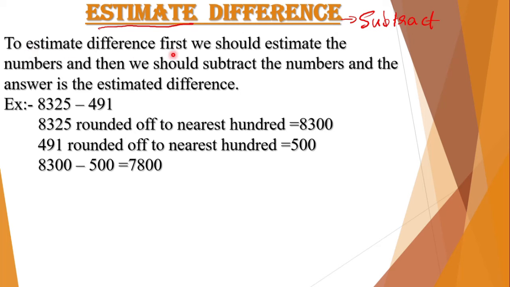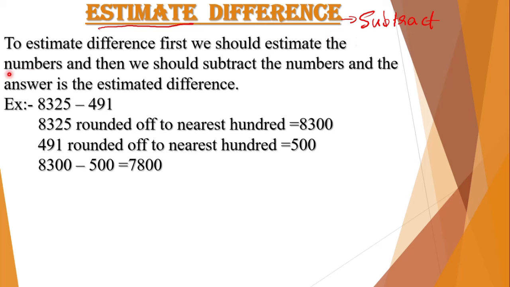To estimate difference, first we should estimate the numbers and then we should subtract the numbers, and the answer is the estimated difference. So in all the three, estimate sum, estimate product, estimate difference, the first step is always the same.